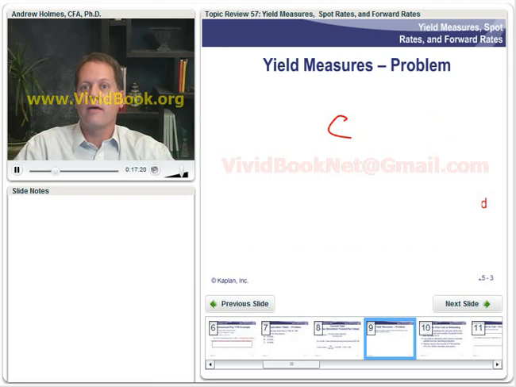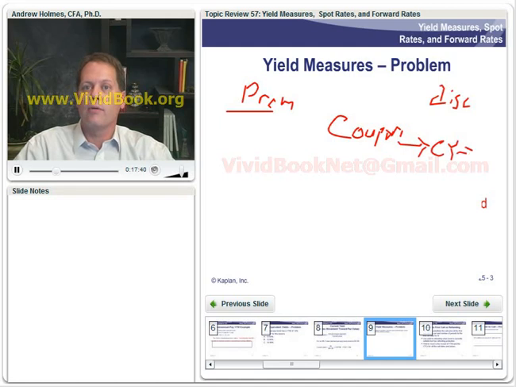Okay, if we have bonds that are selling at a discount, discounts over here, and premium bonds are over here, then as we move into the discount bonds, we're going to have the current yield, and then higher than that is going to be the yield to maturity. And if we go into premium bonds, we'll see the current yield is lower, and the yield to maturity is lower still.